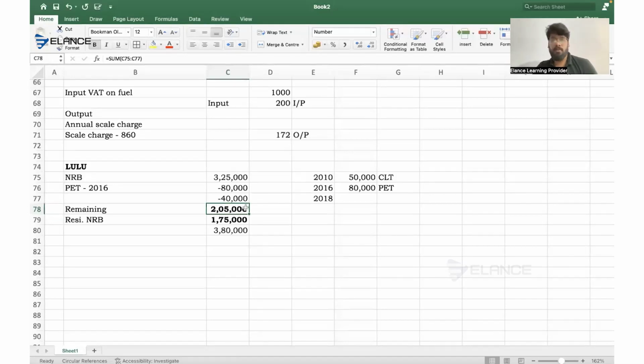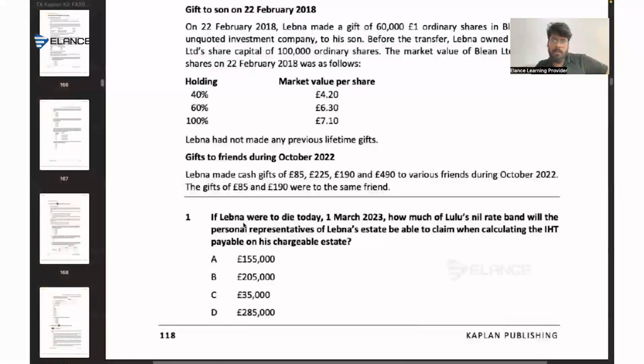And here also they are not using the residential nil rate band, so that can also be transferred to the living partner. But in this scenario we are only required to find out the normal nil rate band, Lulu's nil rate band that can be transferred to the living partner Lebna. So it will be 205.